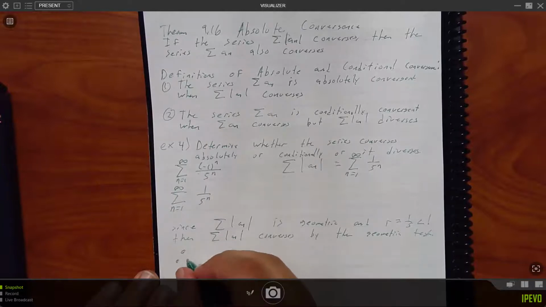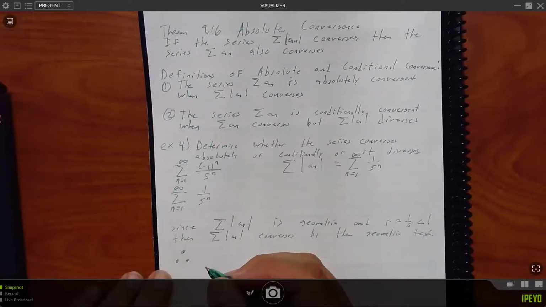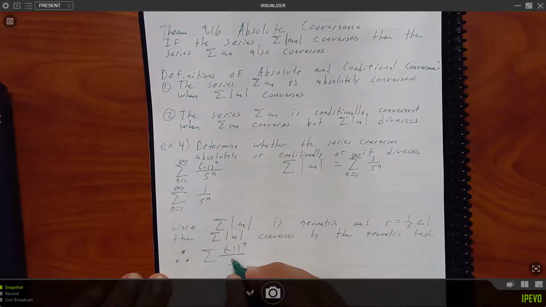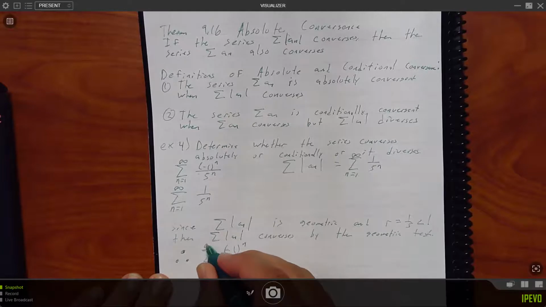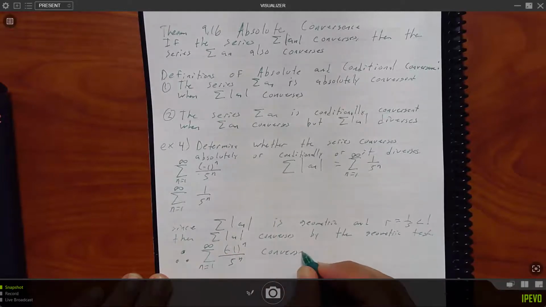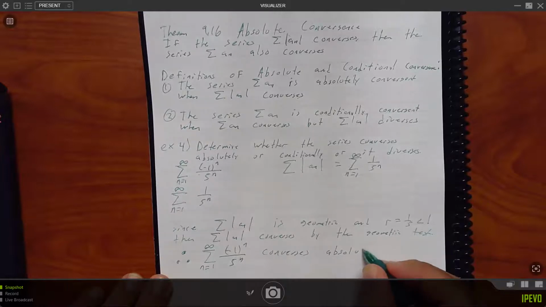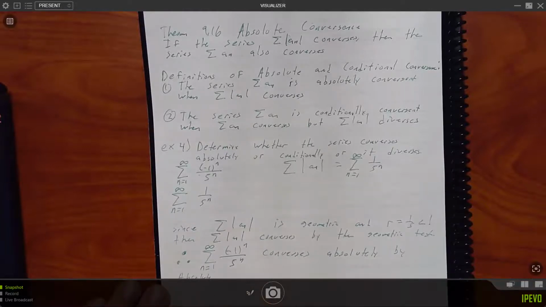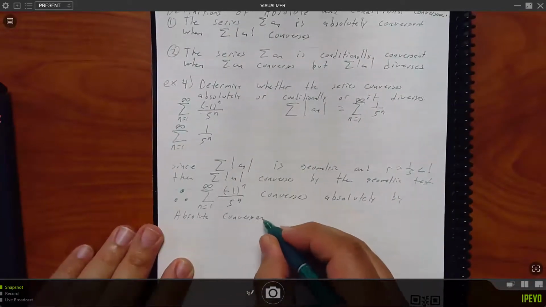Therefore, the original converges absolutely by the absolute convergence definition.